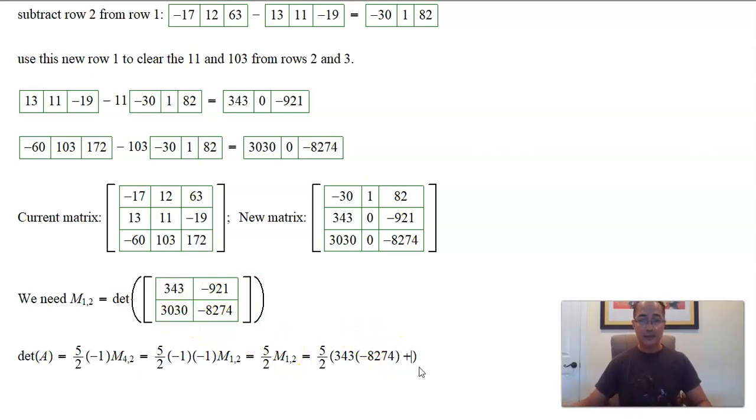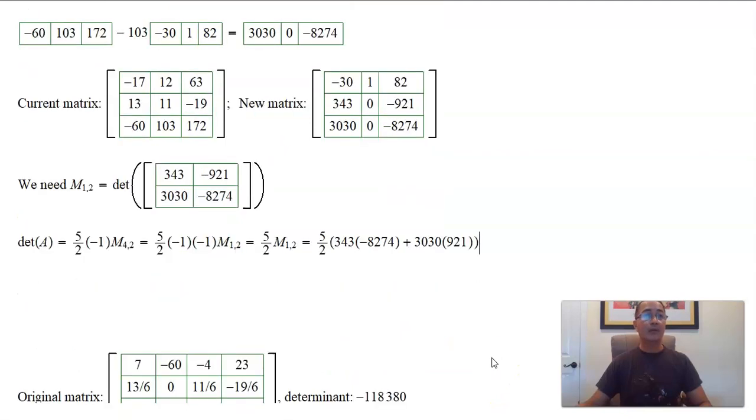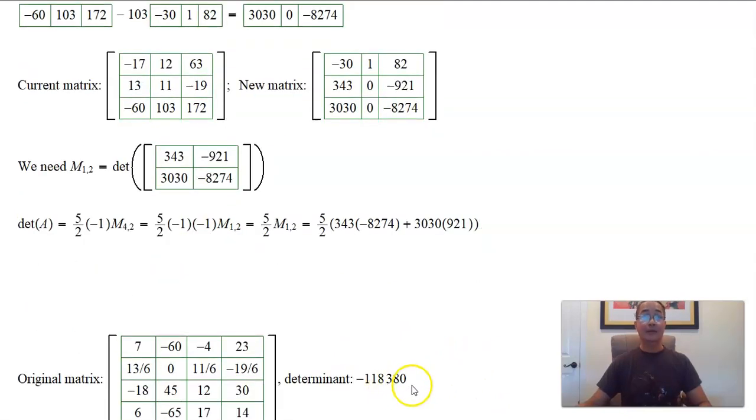So that would be a plus 3030 times positive 921. Put that into our calculator. Are we going to get the correct answer? Drum roll. Yes, of course. That is the correct final answer.